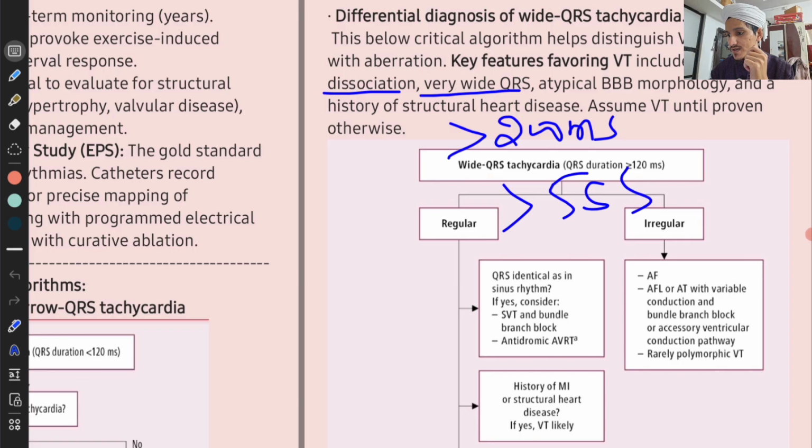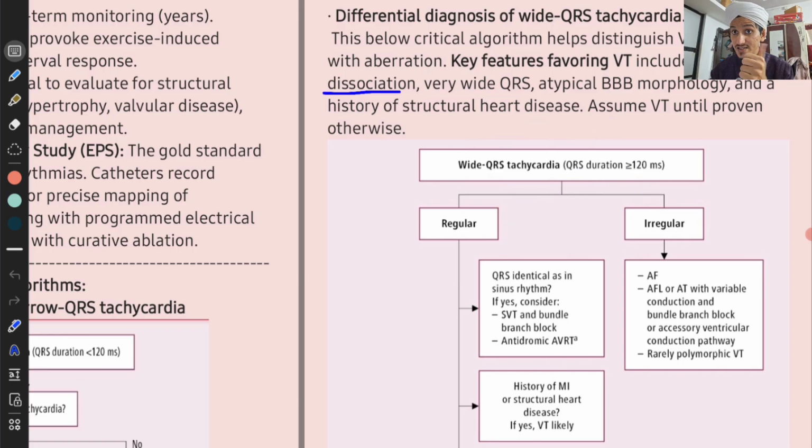And atypical BBB morphology, the atypical rabbit pattern from the previous class: right ear taller than the left ear, or in V1 a monophasic R wave, and in V6 a small R and S pattern, like this. And a history of structural heart disease. Assume VT until proven otherwise.